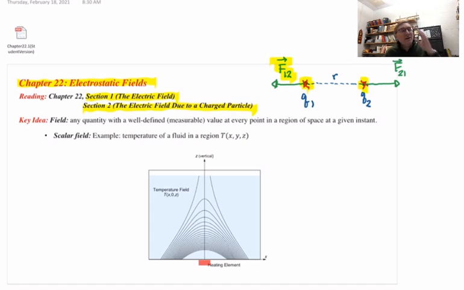Okay, so it's this quantity called electrostatic field that a charge creates, and it's a property of space then, created by the charge, that any other charged particle can be immersed in.